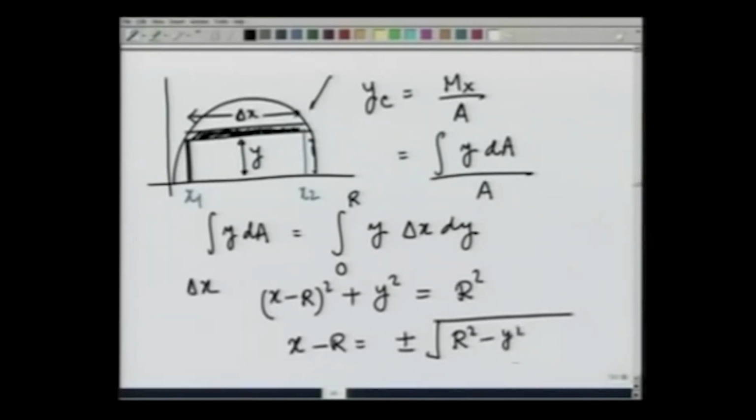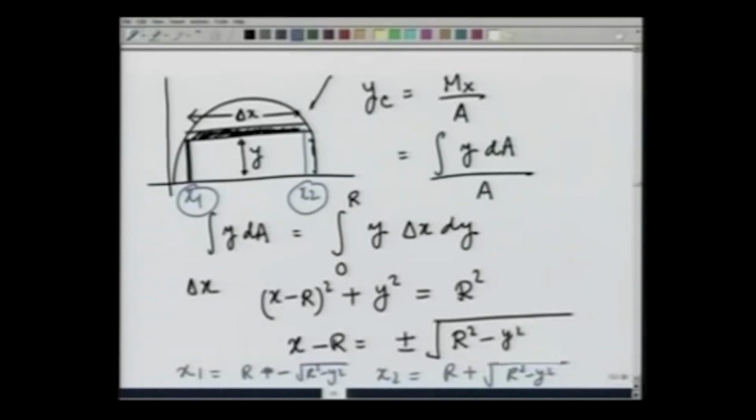I get two values of x, namely x1, which I have shown here, equals r minus the square root of r square minus y square, and x2, which is equal to r plus the square root of r square minus y square.